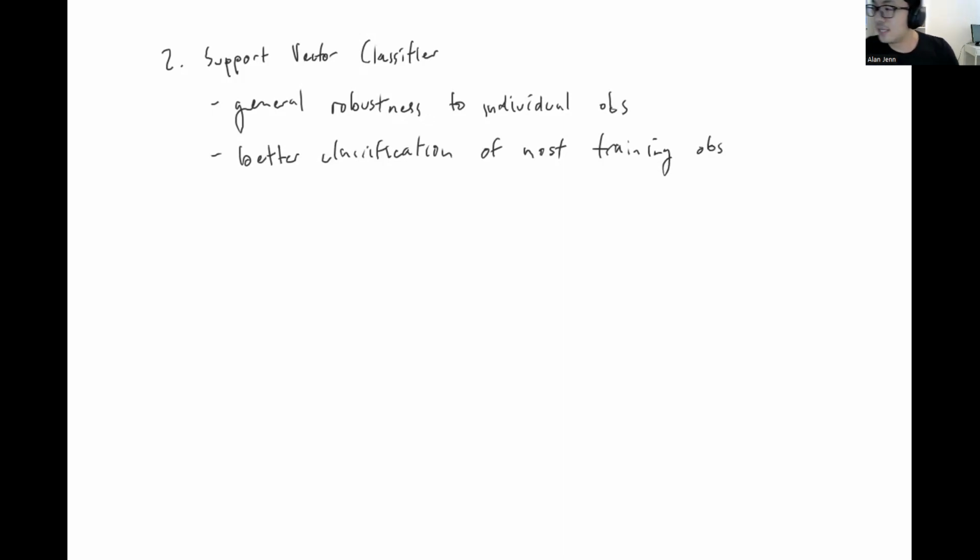So this is essentially building off of the previous example, but it's providing a little bit more flexibility.